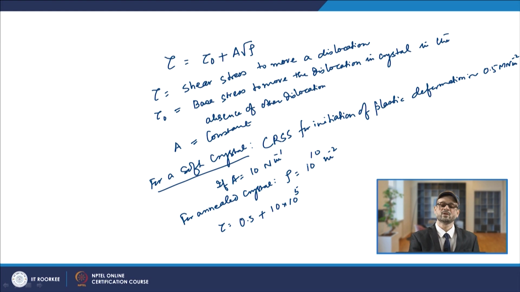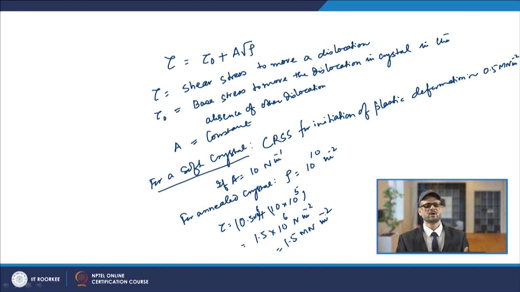So it will be 0.5 into 10 raised to the power 6 plus 10 raised to the power 6, which is 1.5 into 10 raised to the power 6 Newton per meter square, that is 1.5 meganewton per meter square. You see that this is a very small value for the annealed crystal.